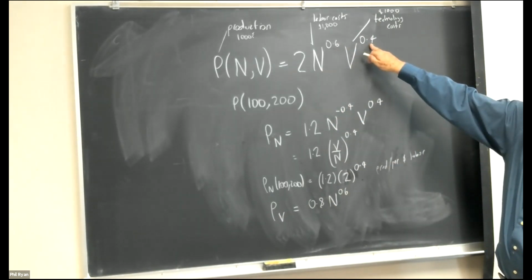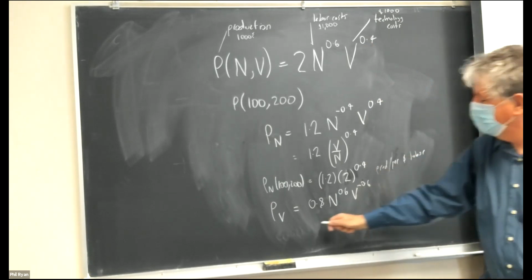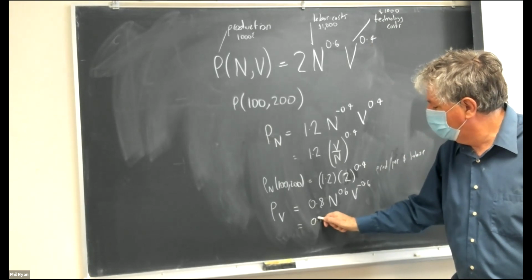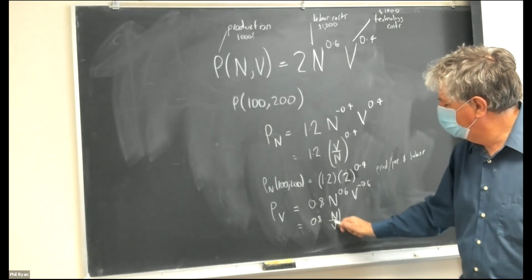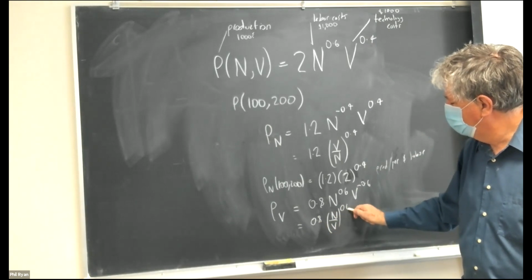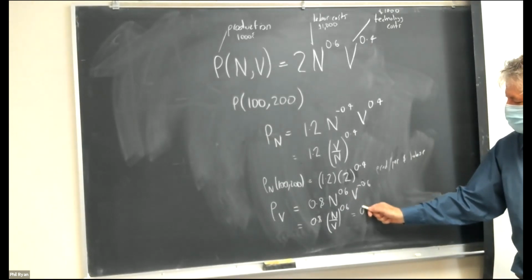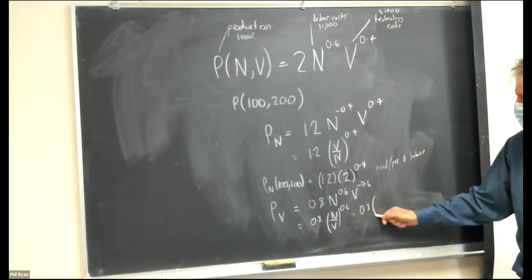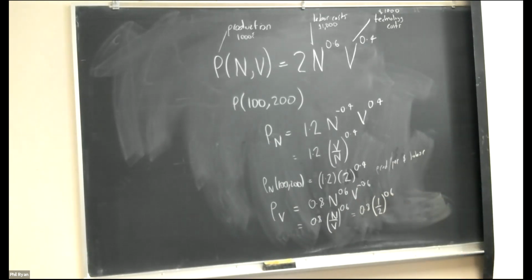And we subtract 1 from the exponent, so we get v to the minus 0.6. So this is 0.8 times n over v to the 0.6, which is 0.8 times 1/2 to the 0.6.